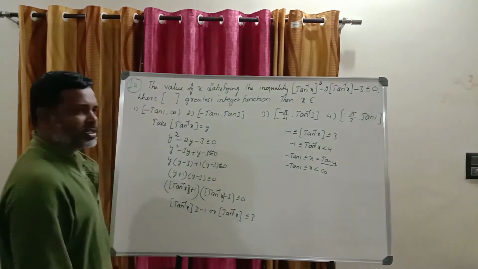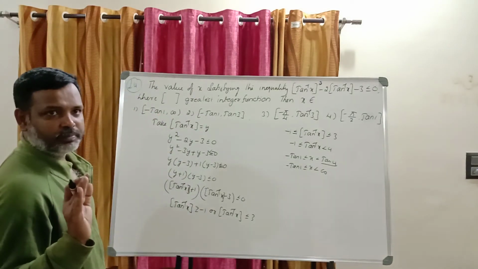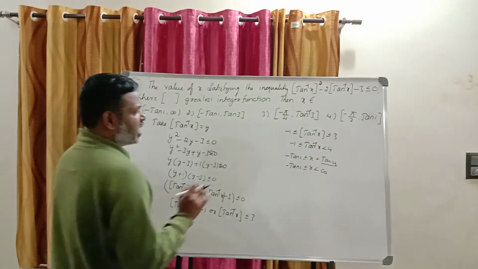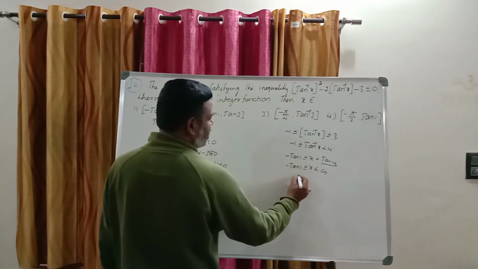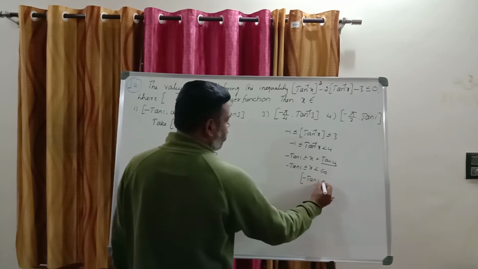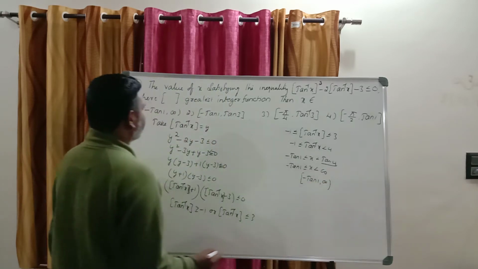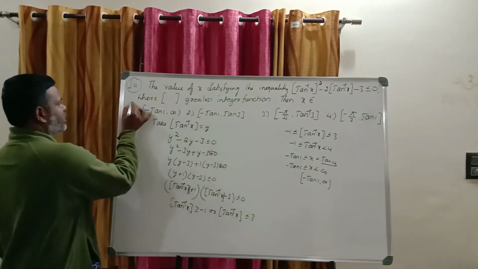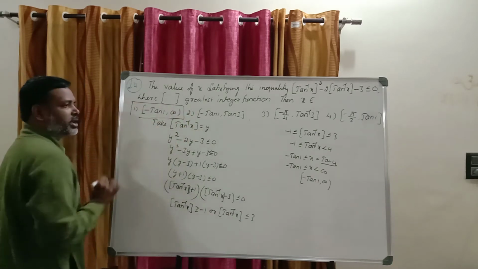Less than tan 4 is nothing but less than infinity also, right? That is a positive quantity. Therefore when you convert this into interval form, this becomes closed interval minus tan 1 open interval infinity. Right? So this first option is a perfect answer for this particular problem.